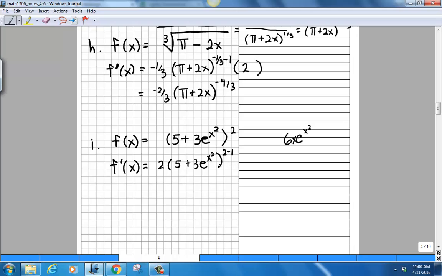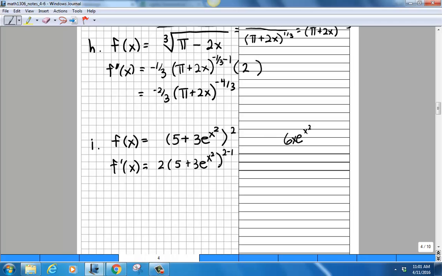But now you're thinking, oh gee, that's good, I'm done. But you're not quite done, because according to the chain rule, you have to multiply in the derivative, the rate of change, of what's inside the parentheses, the 5 plus 3e to the x squared. But fortunately, we already did that problem earlier. We already calculated the rate of change of 5 plus 3e to the x squared, and that was 6x e to the x squared.